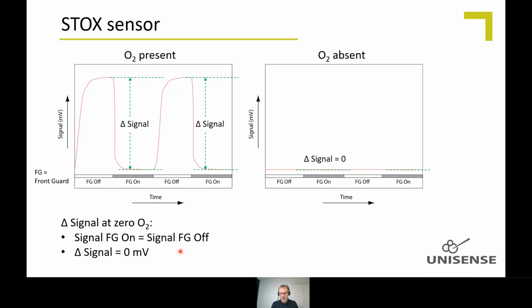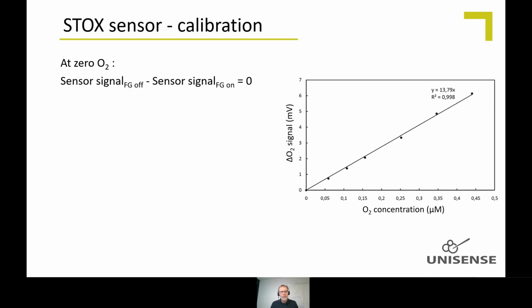And this is an important thing for the way the sensor works, because when you calibrate the sensor, you know that the sensor will always give 0 millivolts for 0 oxygen, so that you already have one calibration point, so to say. You know that it will go through the origin, 0,0.